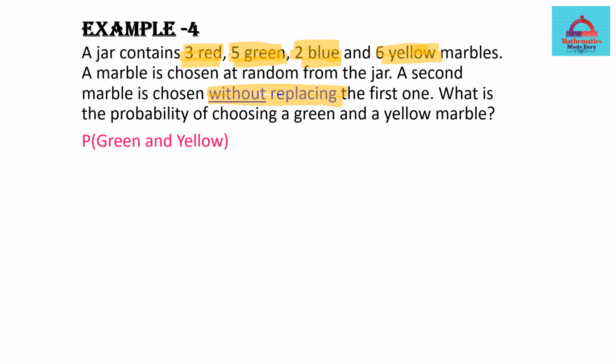This question is on without replacement, and that tells you that this is a question on dependent probability. So when we are doing the second draw, after the first marble has been taken as green, the second marble that we're taking here is yellow. In that case, we are considering the conditional probability.